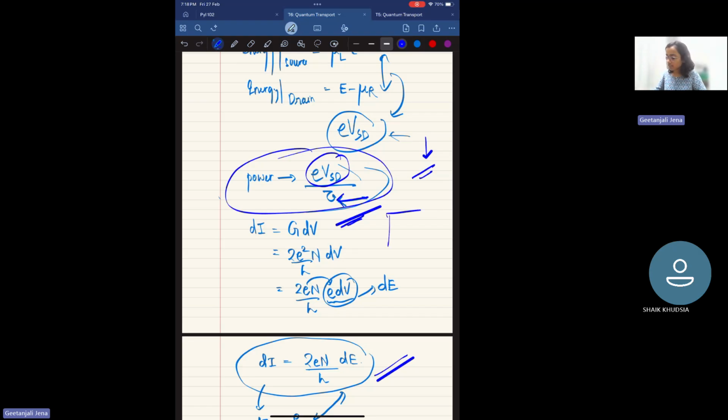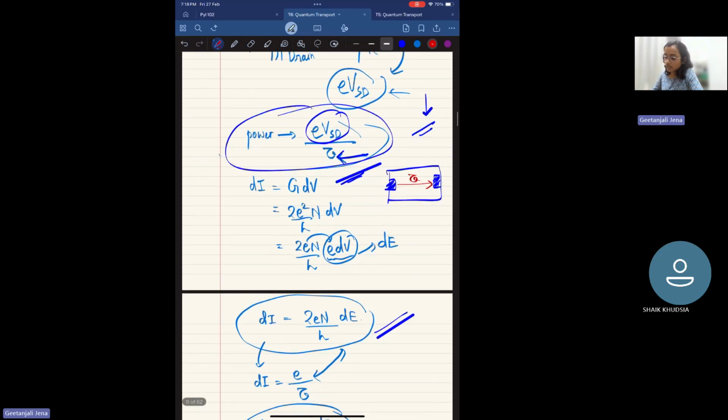In the schematic, this is the source side and this one is the drain side. The total energy dissipated from source to drain is eV_ST, and tau is the time it takes to go from source to drain. To calculate tau, we take help from the current expression.